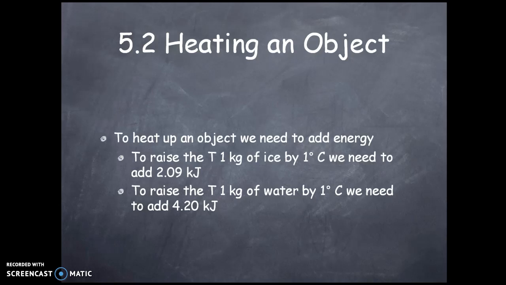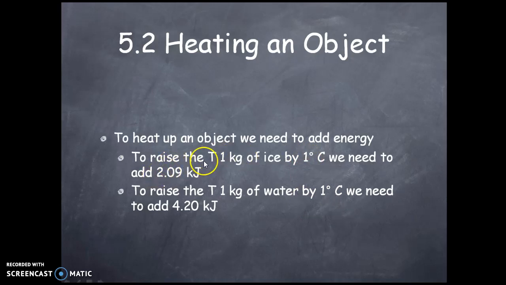And to raise the temperature of 1 kilogram of water, whatever the temperature the water is, that amount is 1 kilogram. If you want to increase its temperature by 1 degree Celsius, let's say the water is at 20 degrees Celsius and you want to make it 21 degrees Celsius, then you need to add 4.2 kilojoules of energy. When you look at these two things, I want you to observe that the amount is the same and the temperature change is the same.